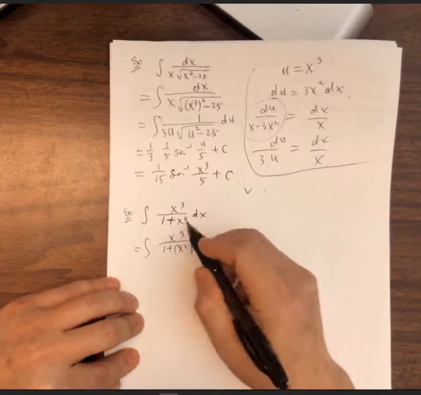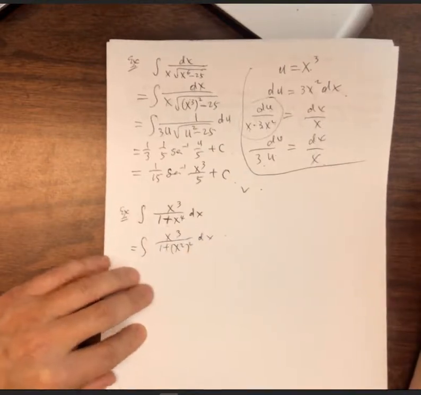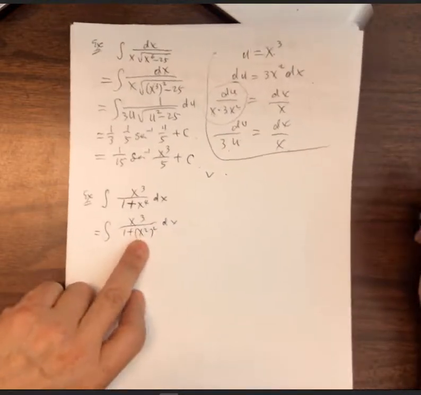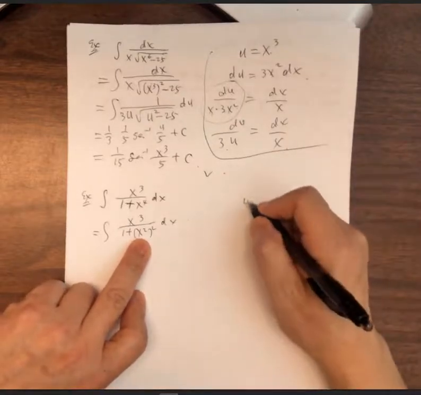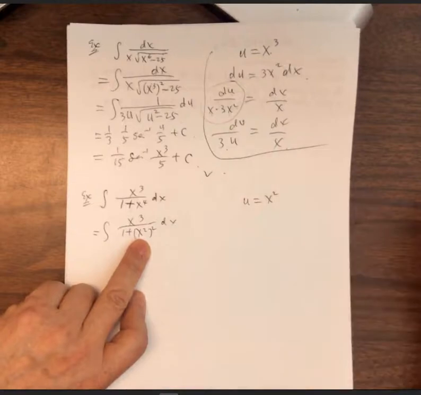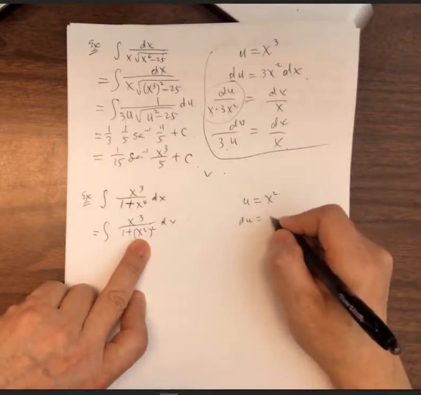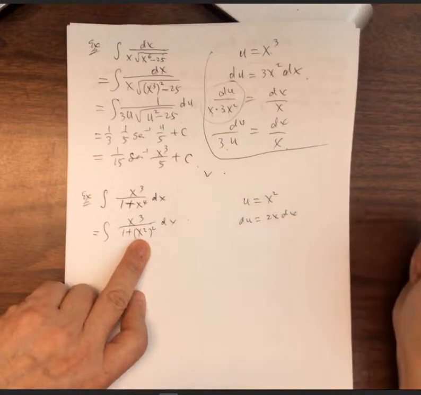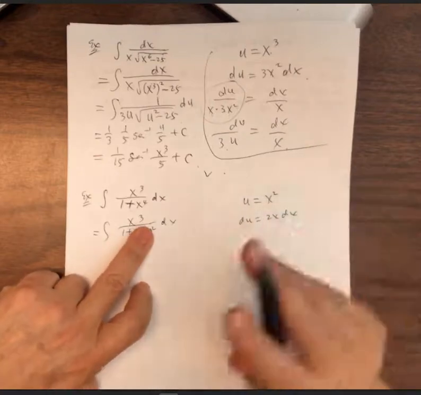You can rewrite x to the fourth power as a square to the second power. Next, you would consider u equal to x squared, and you go through the substitution, du equal to 2x dx. So with this substitution, you would have 1 plus u squared in the bottom, which is nice.